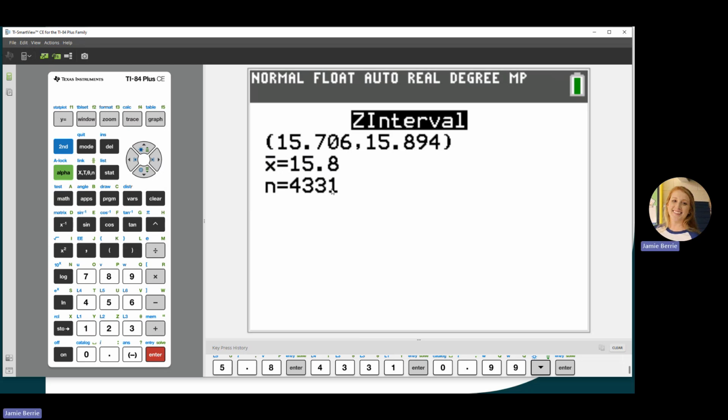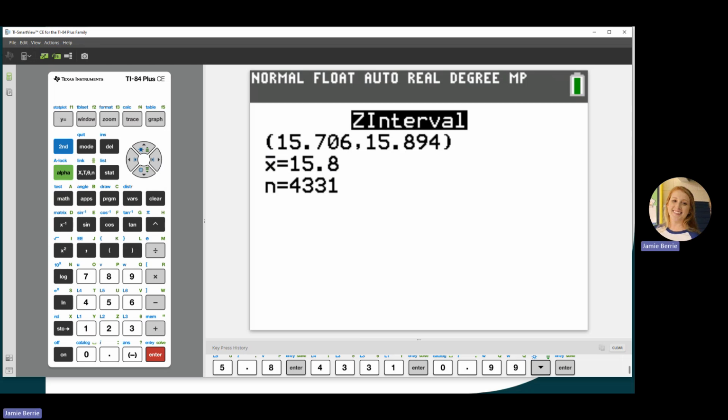And there's my confidence interval. All right, so 15.7, they said to do one decimal place. So 15.7 to 15.8. Wow, this is a small range, right? And I guess that's because our population standard deviation was so small. All right, so let's jump back over to our presentation.